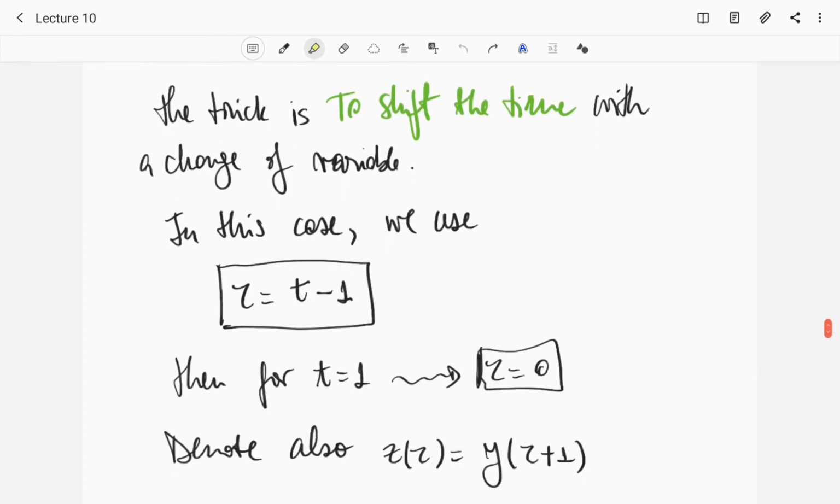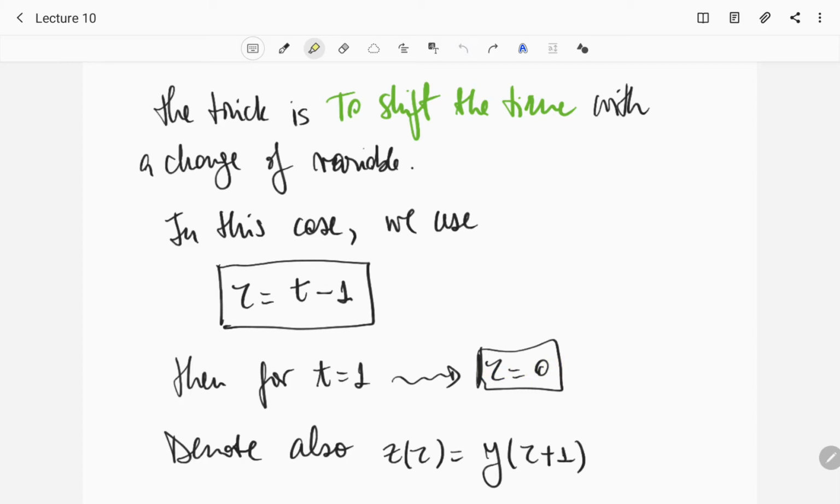Here in this example, we are going to incorporate a new variable tau, and we say that tau is equal to t minus 1. Then when t is equal to 1, which is the original information that we have, tau is equal to 0.